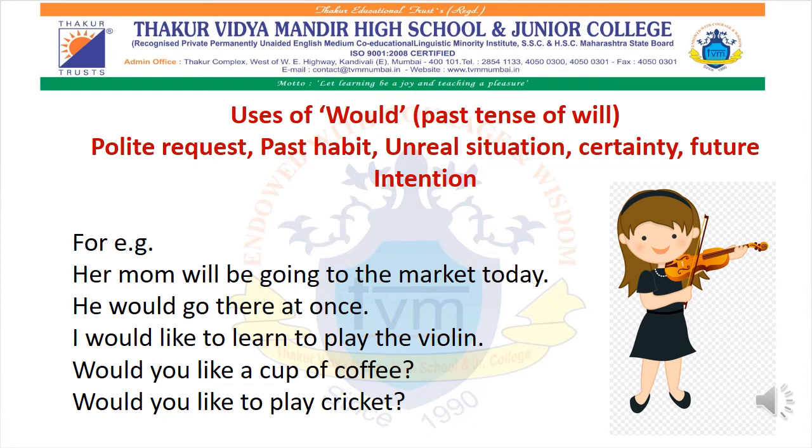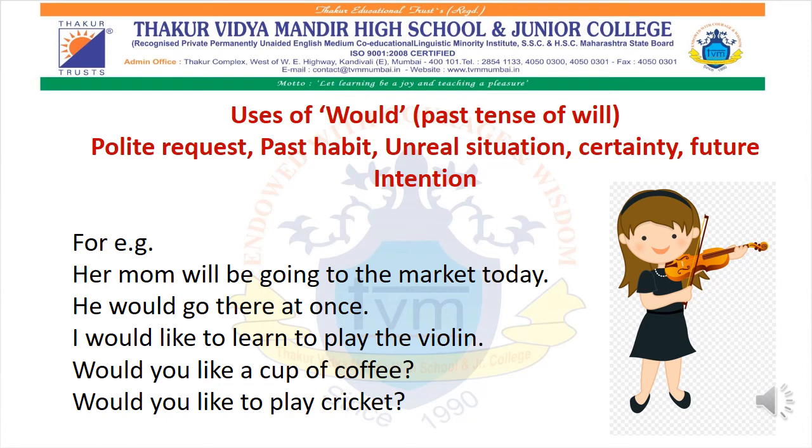He would go there at once. Now in this particular sentence, we see that he would go there, maybe in the future. We don't know. Okay. So it is telling that he would go there at once.